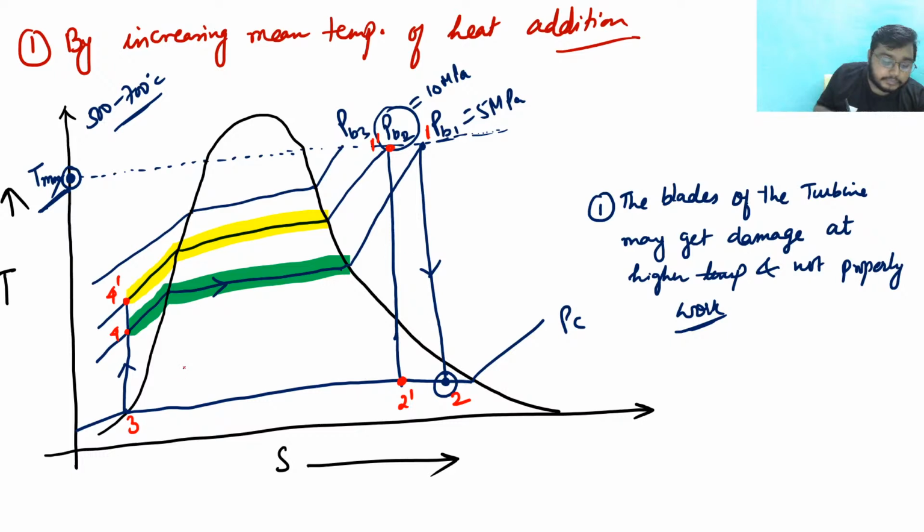Now see here, the graph 1, 2, 3, 4 has the mean temperature of heat addition as Tm1.